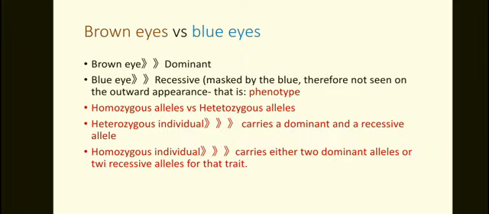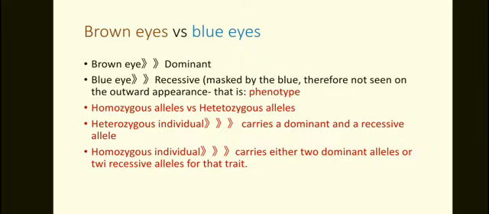In terms of alleles, we have the genotype. We can have homozygous alleles and heterozygous alleles. Individuals can be heterozygous or homozygous. Homozygous can be homozygous dominant or homozygous recessive.